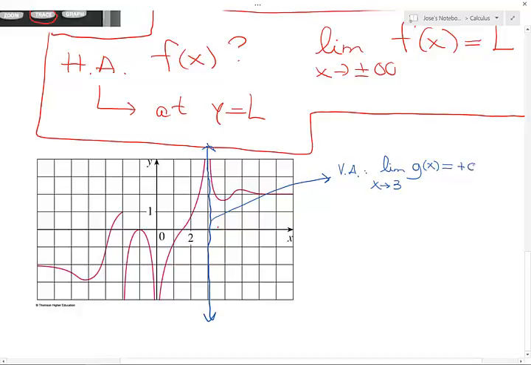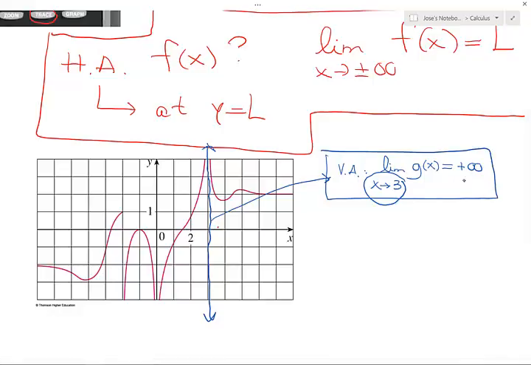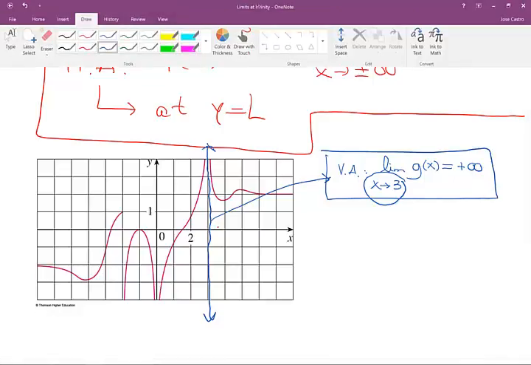In this example, it will be positive infinity. This is the telltale for a vertical asymptote. You get close to a specific value on the x-axis, and the function grows to positive infinity or decreases to negative infinity.